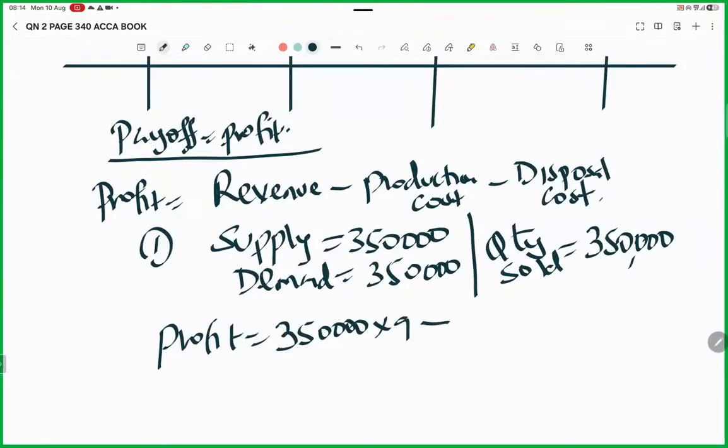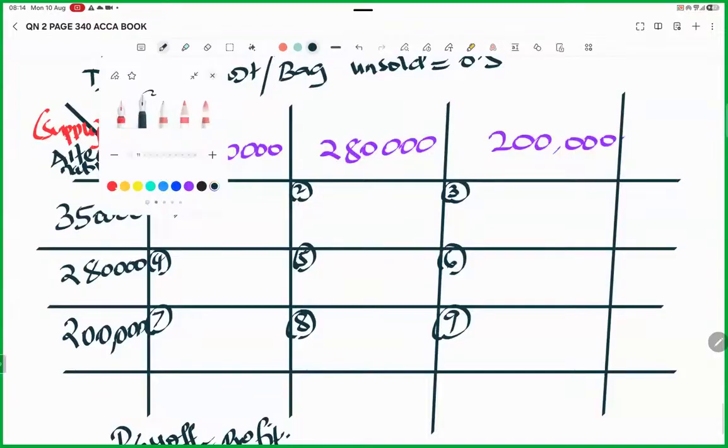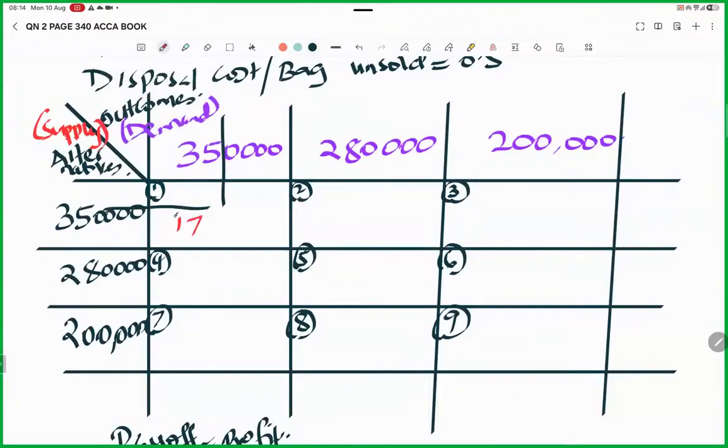Then, of course, we produced 350,000 and the production cost is 4. In this case there is no bag being disposed. I'm being given by some of you that for number 1 we have 1,750,000. So this is what I write here: 1,750,000 is the first profit.